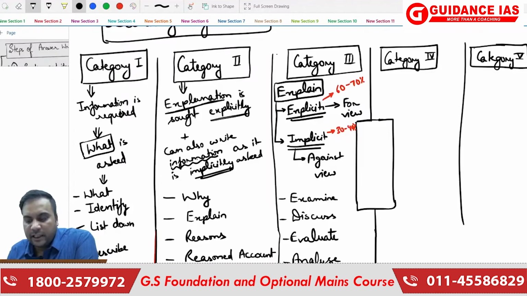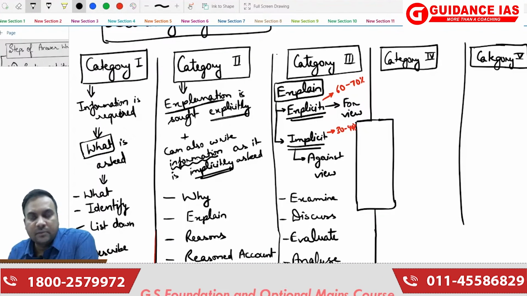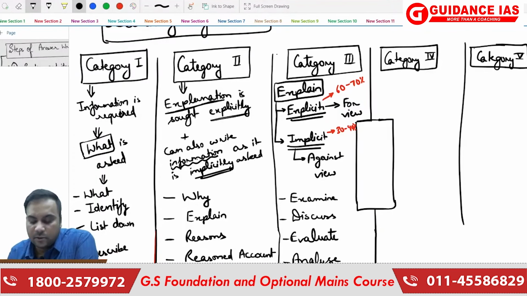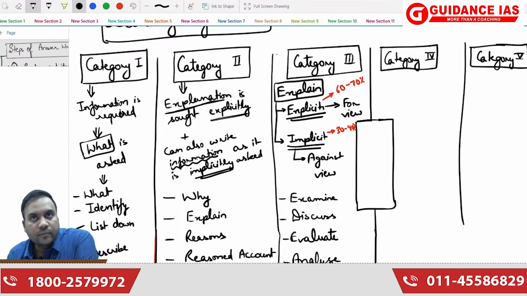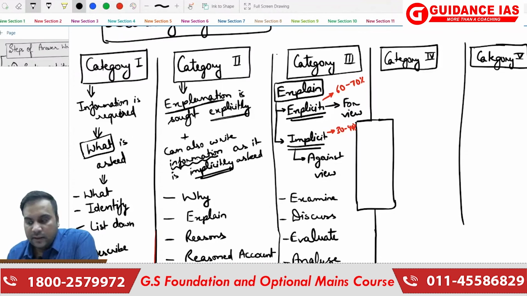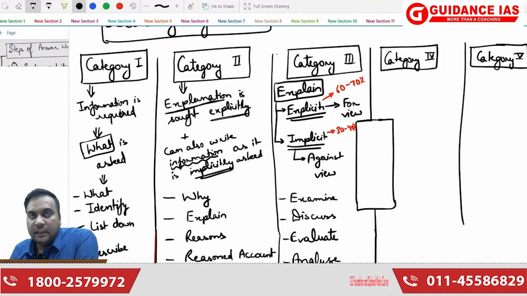You have to explain the for view, but you also have to write an implicit mention of the against view. Okay. So that is category 3 keyword.